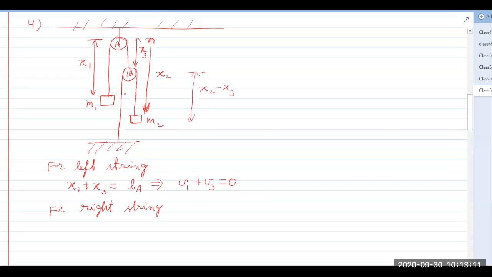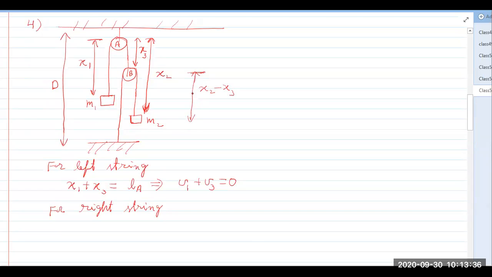And how much is this length? We need to write the total gap between this. So suppose this gap we write as d, because this gap is going to be constant. Any length we can take, because these constant lengths are going to be cancelled. That's why we can take it. That will be cancelled.